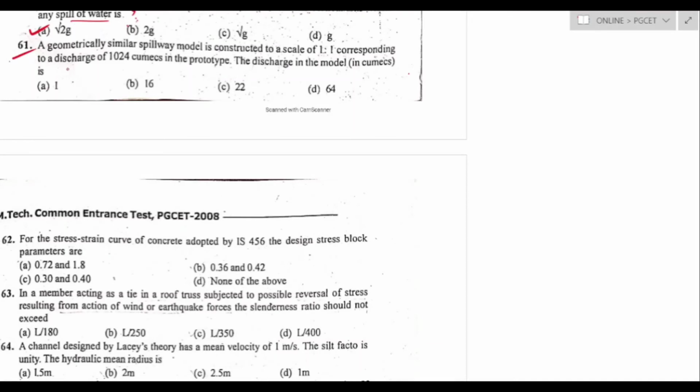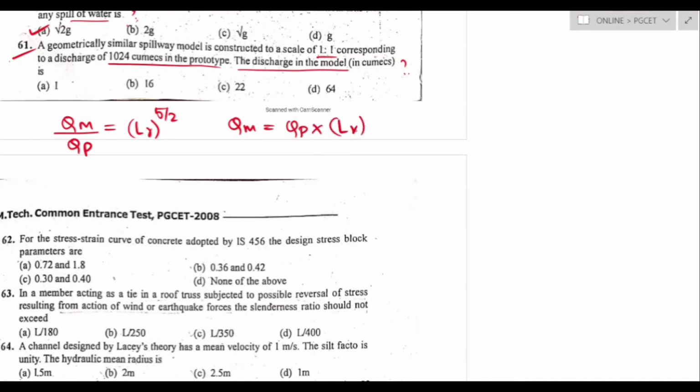Question number 61. A geometrically similar spillway model is constructed to a scale of 1:16, corresponding to a discharge of 1024 cumecs in the prototype. Then the discharge in the model in cumecs is? By applying the Froude number rule, model discharge divided by prototype discharge is equal to the length ratio to the power of 5 by 2. So the model discharge is equal to the prototype discharge multiplied by the length ratio to the power of 5 by 2.